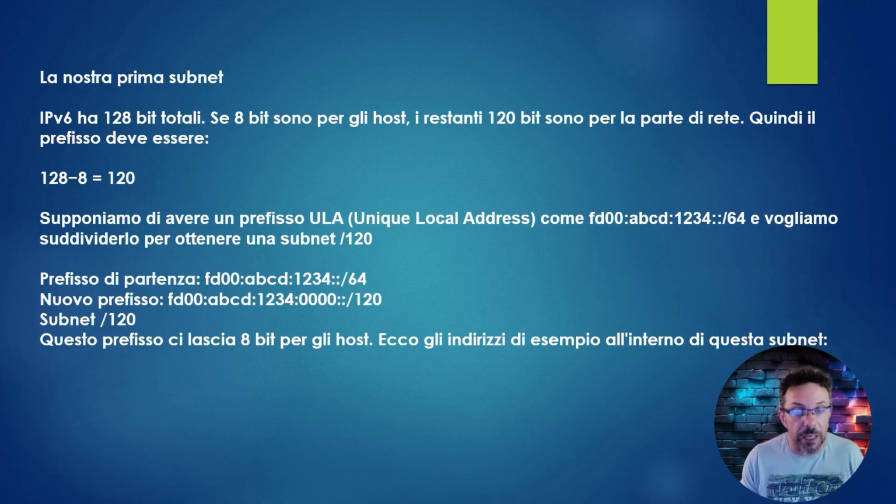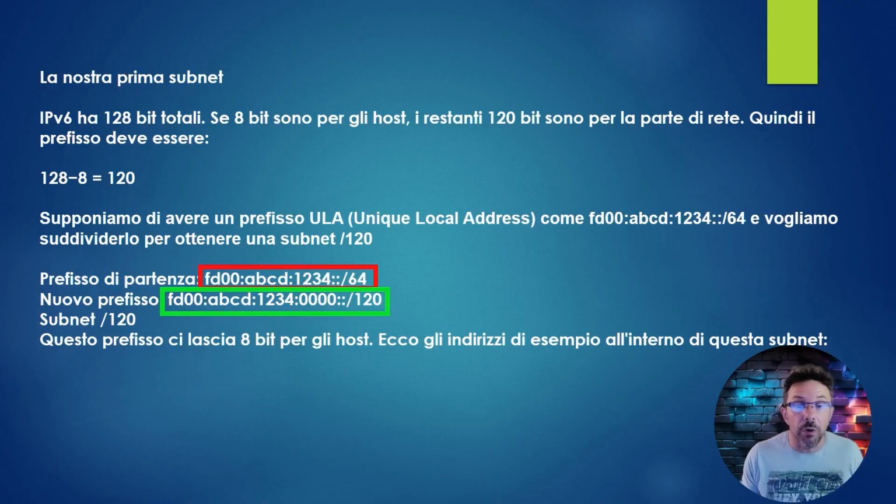This 120 is the subnet I will use to create a network of 256 computers. As you can see, I start with a prefix of FD00, which identifies a private network, /64, which is the entire 64-bit block, which I then subnet and make a /120. So the subnet is /120.